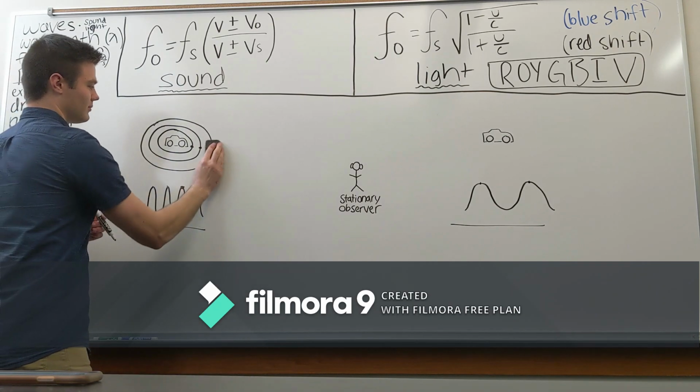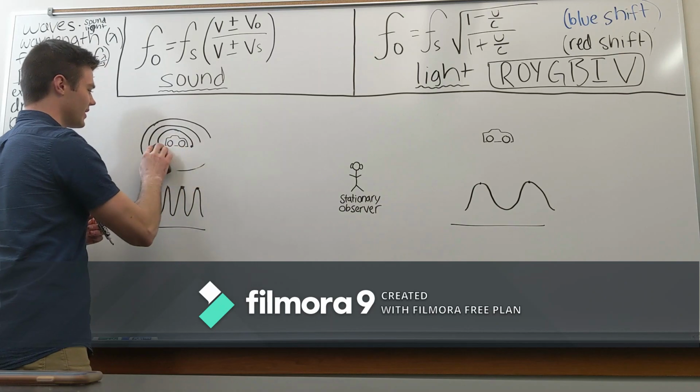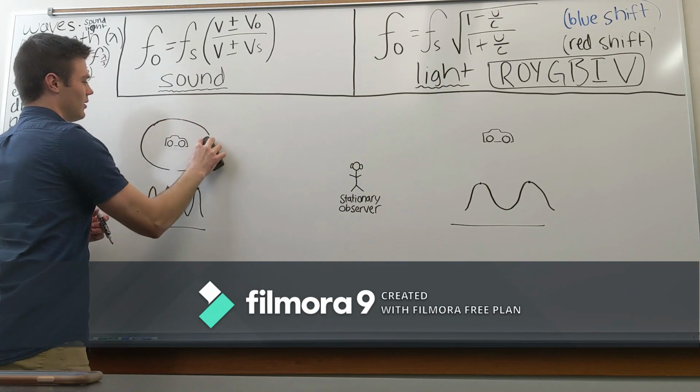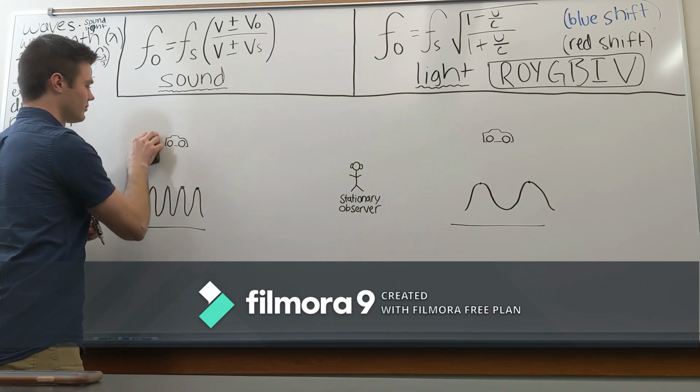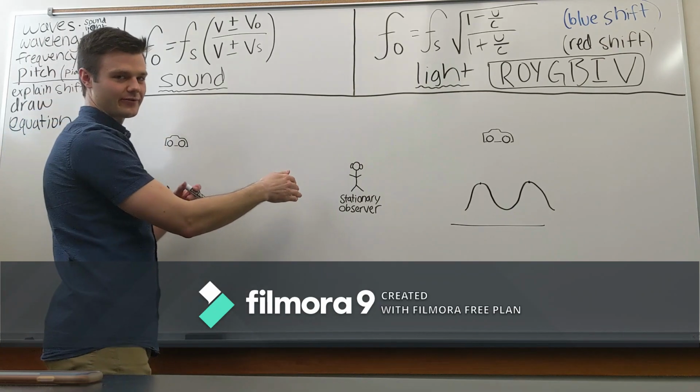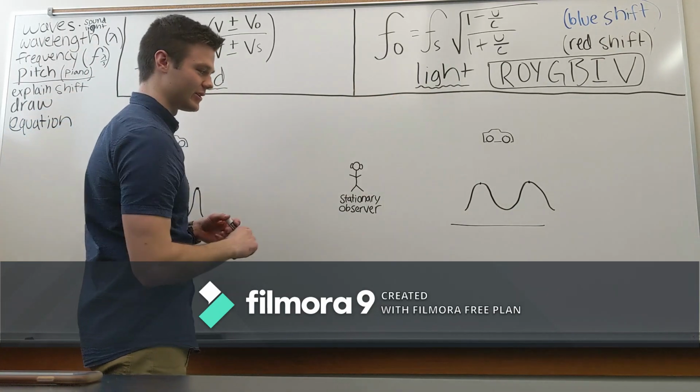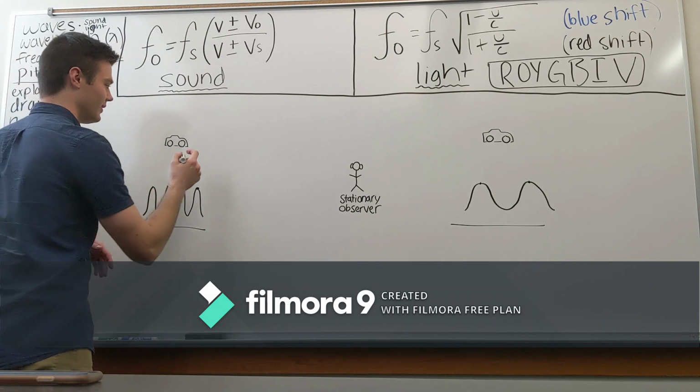Now, we're going to say, in this example, our car was moving towards the observer for half of the video and then away from the observer for the rest of the video.